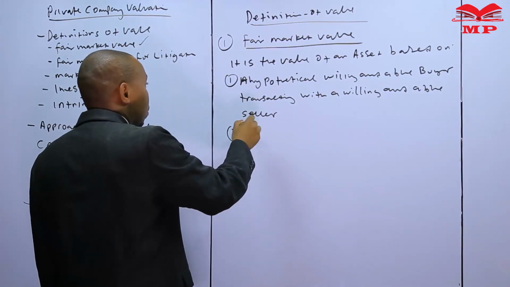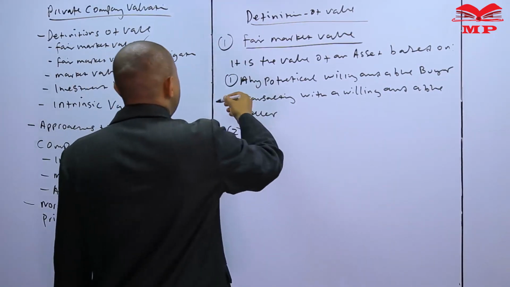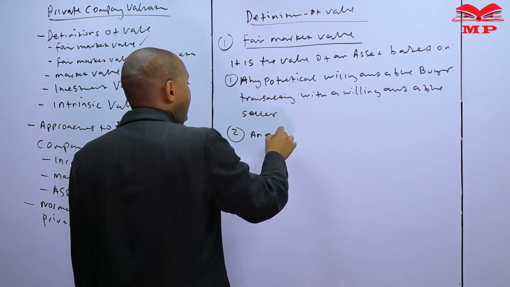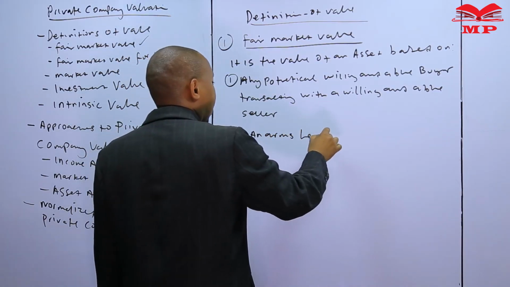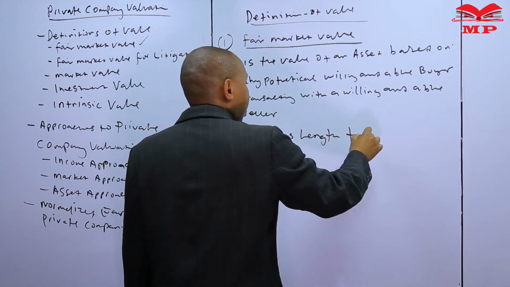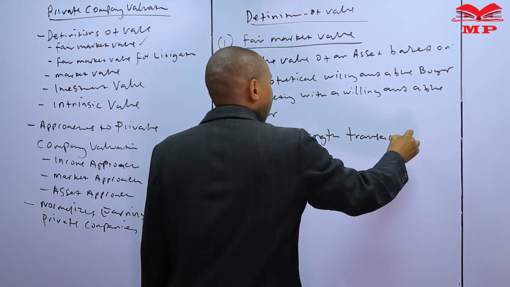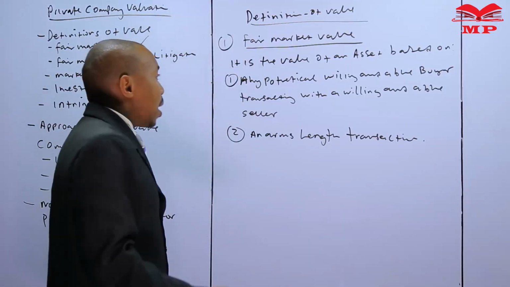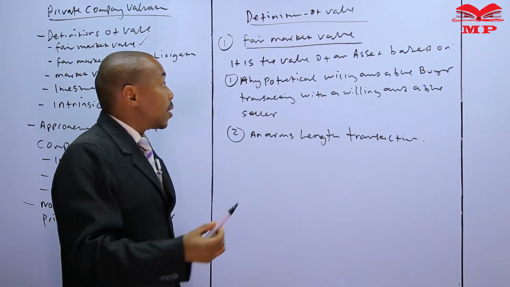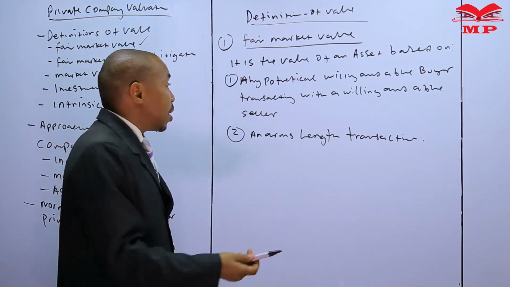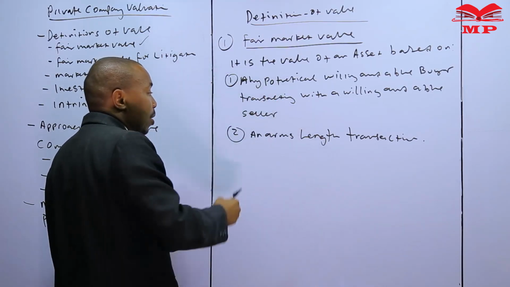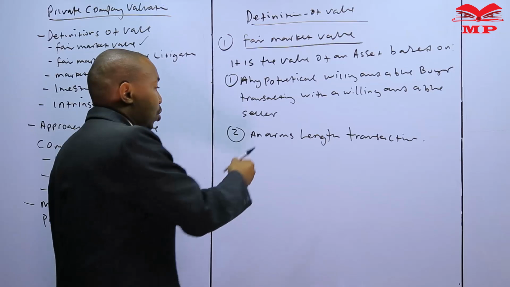Number two, an arm's length transaction. So the fair market value is the value of an asset based on a hypothetical willing buyer and willing seller, and number two, an arm's length transaction.